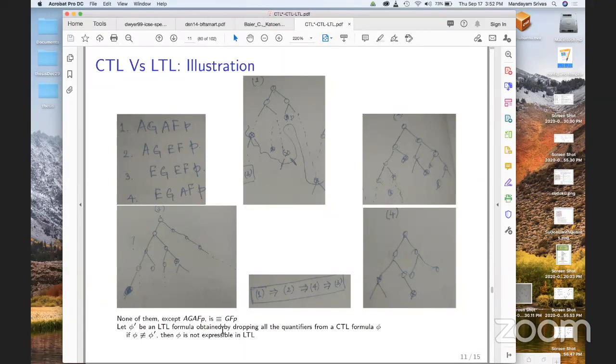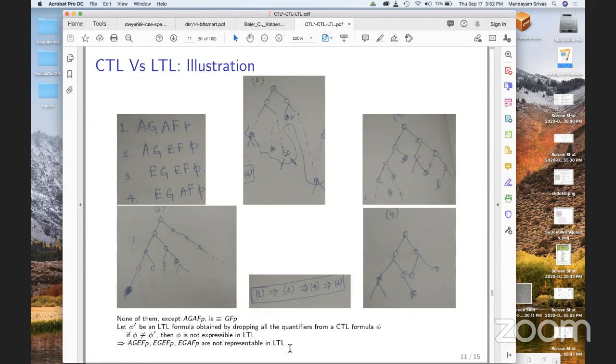Now, since in this case none of these three things are equivalent to G of F of p, we can conclude by using the theorem that all these AG formulas are not representable in LTL. So this theorem comes in very handy when you want to check if a particular CTL formula is representable in LTL or not.